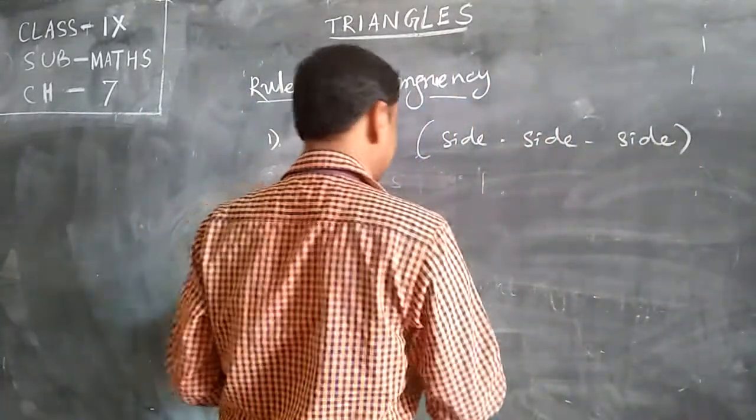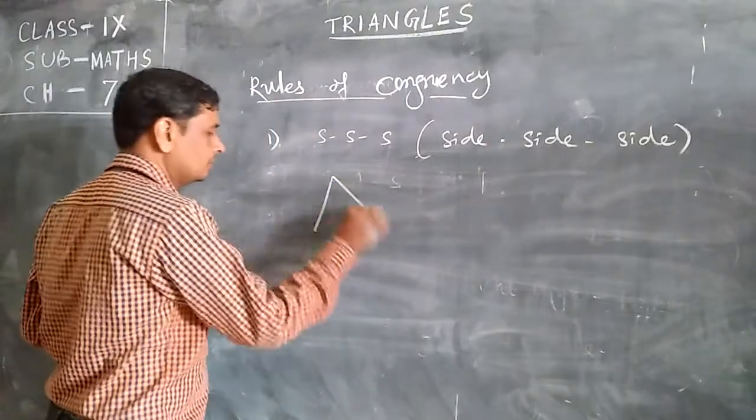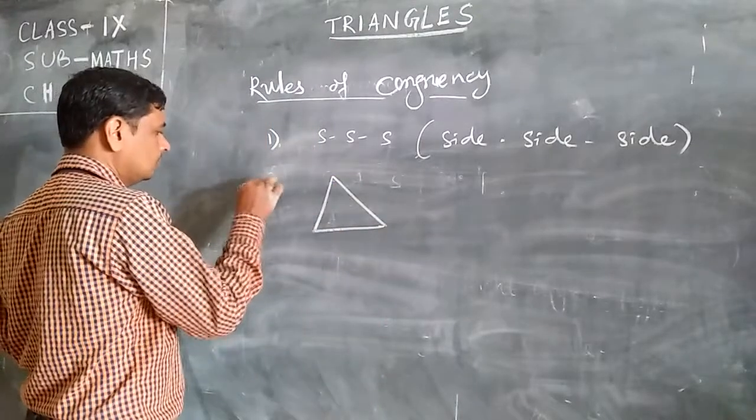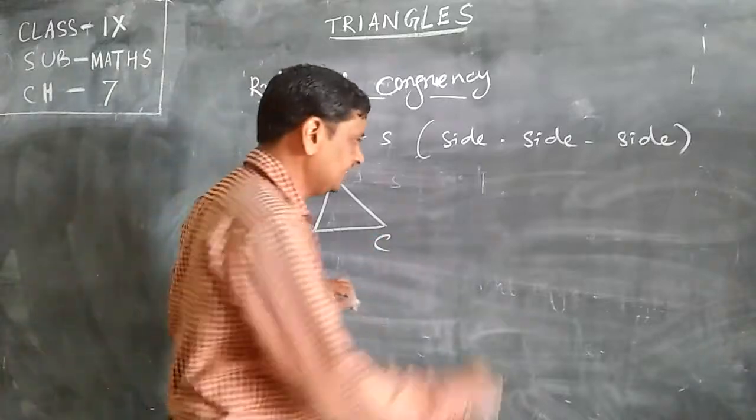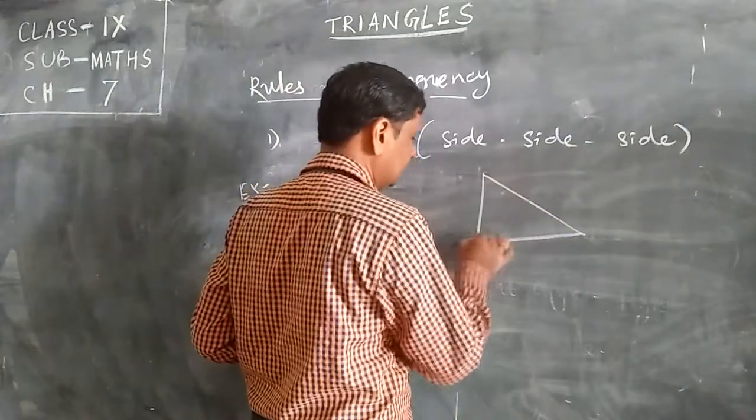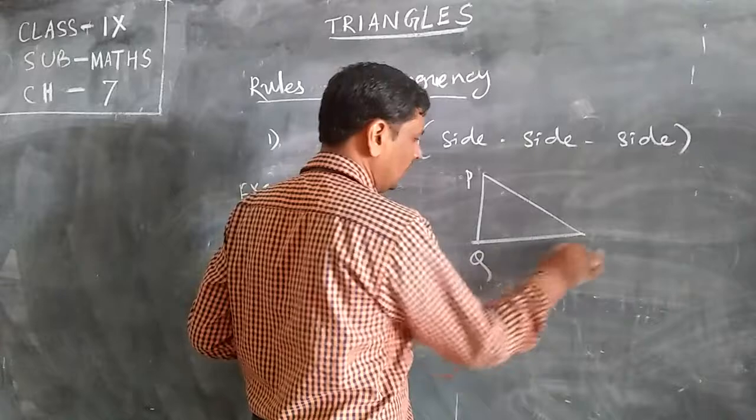Let there be 2 triangles. ABC is a triangle and another triangle is PQR.